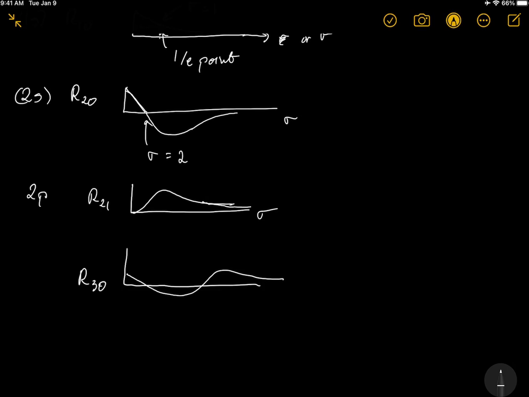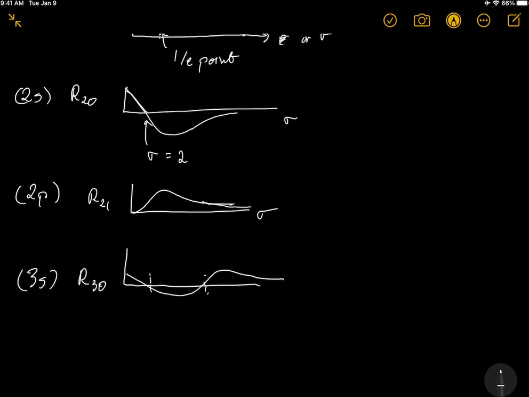So that's going to have two nodes, one here and here, and that would be for 3s. Again, two nodes, and then it goes through a maximum, and then decays off exponentially at large r or large sigma. Okay, so far so good.